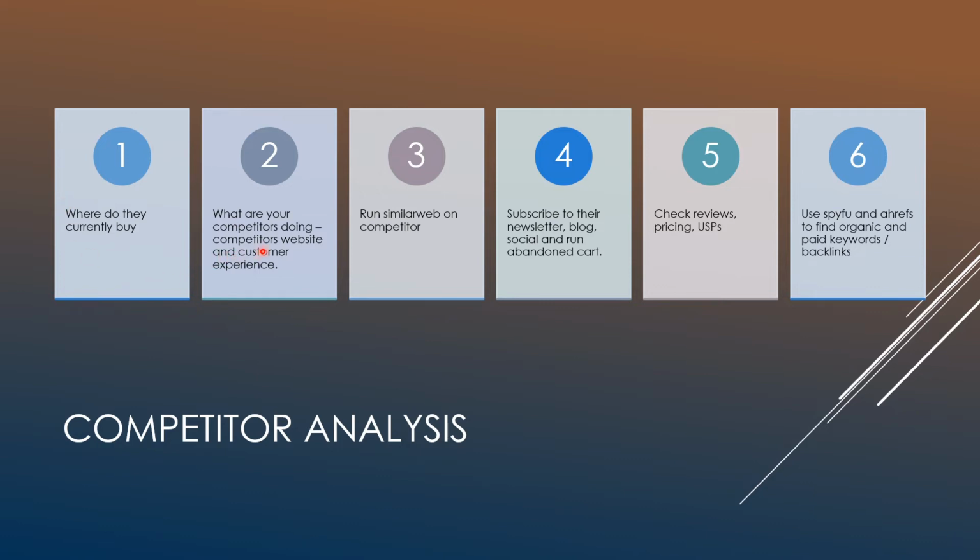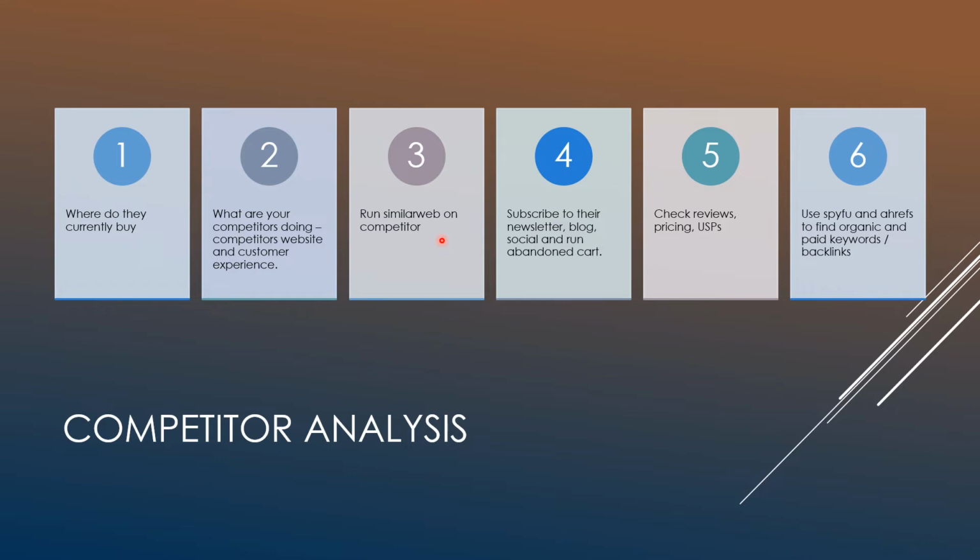And then what are your current competitors doing, their website, and what kind of customer experience do they provide? And you can actually then provide a user experience or a customer experience that is much better than your competitor. You can use a tool like SimilarWeb, but I think SEMrush is much better than that.